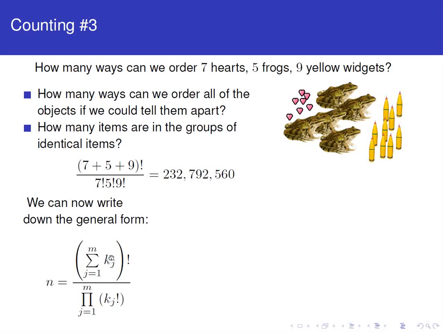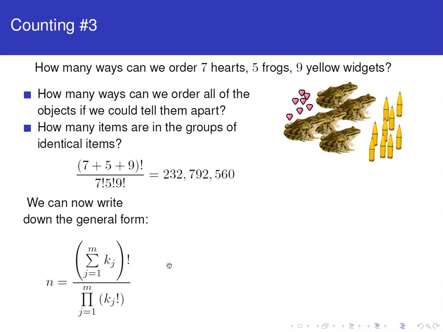All right, let's write this down in a general form. And what we have here is I'm going to have multiple groups. In this particular example, I have 3 groups, and in each group I have a certain number of objects. Well, let M represent the number of groups that I have, and k sub j equal the number of items in each group. So k sub 1 here would represent the number of hearts. k sub 2 would be the number of frogs, all the way up to k sub 3, because I have 3 groups, would be the number of yellow widgets.